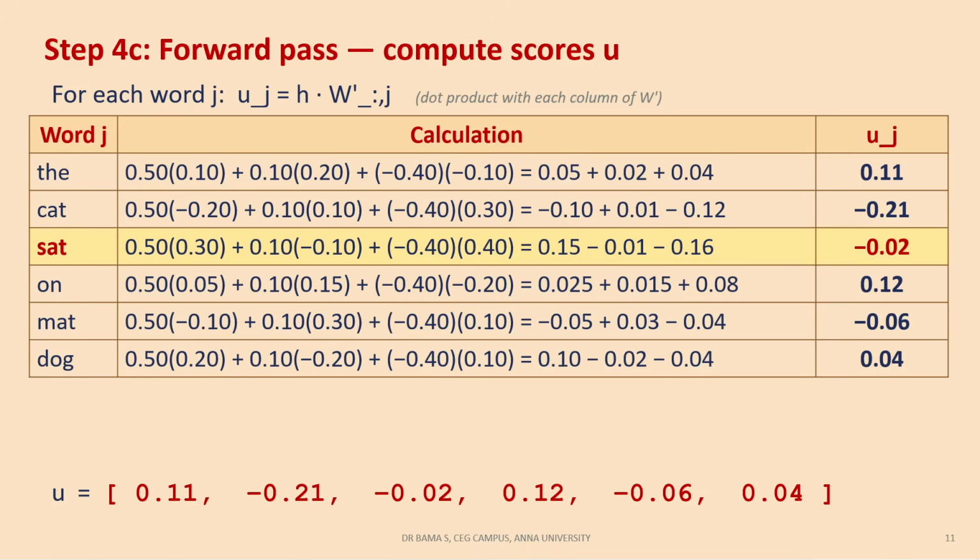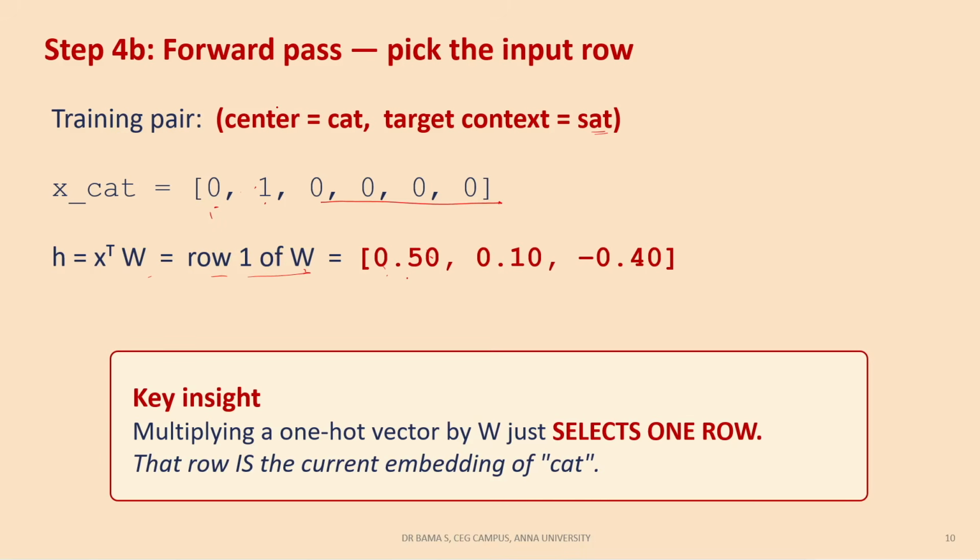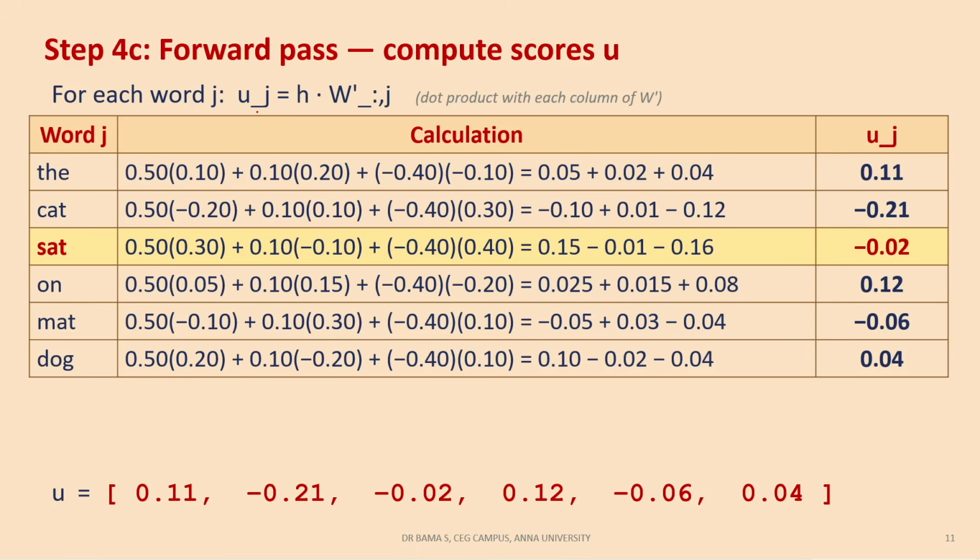Now for each word we will be calculating uj. U is at the end, the output. Remember we had inputs 1 to 6, then 3 neurons, and on this side again 1 to 6. At this stage it is H, and at this stage it is U. So U is at the other end.